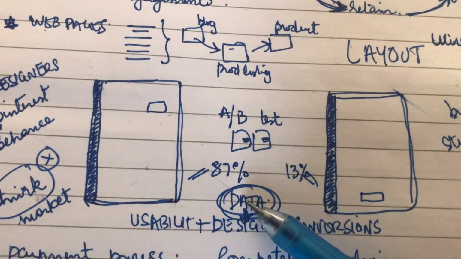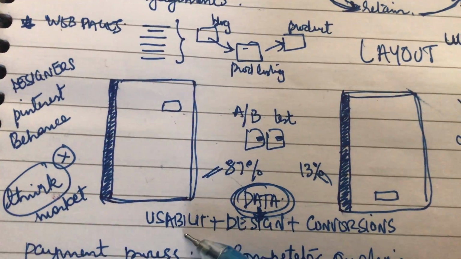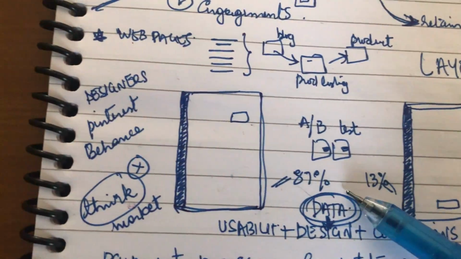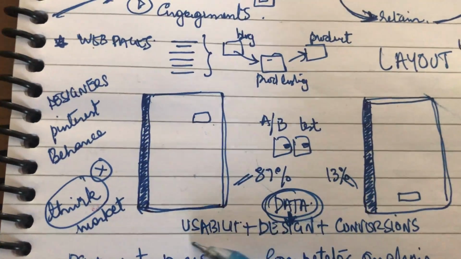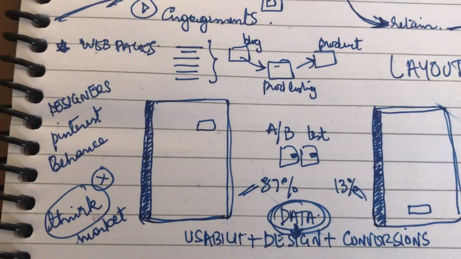So that's how you produce the data. This data must define the usability and the design and the conversions, and that's how you have to design a web page to optimize your existing web pages.